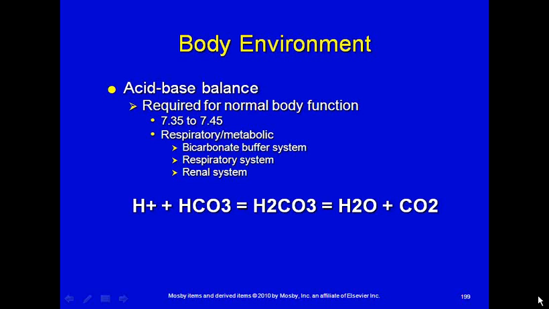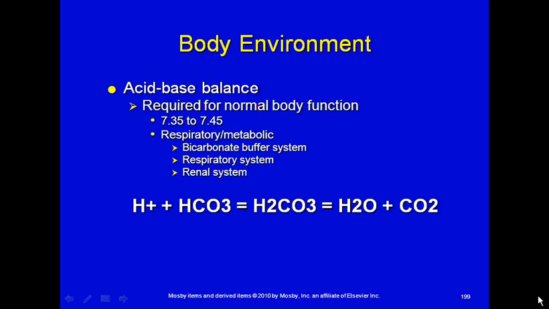As an example, if you breathe too fast and you blow off too much CO2, that will cause respiratory alkalosis and cause your pH to rise. If you don't breathe fast enough and you retain lots of CO2, like if your respiratory rate was 4, you're going to retain CO2, and that's going to cause respiratory acidosis and eventually lower your pH below 7.35.